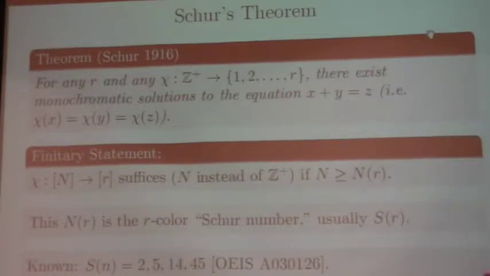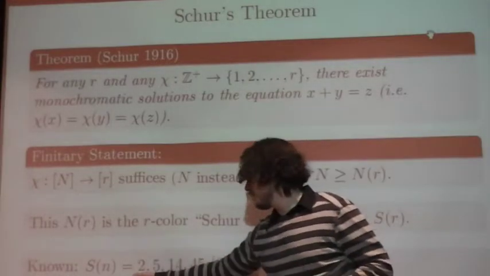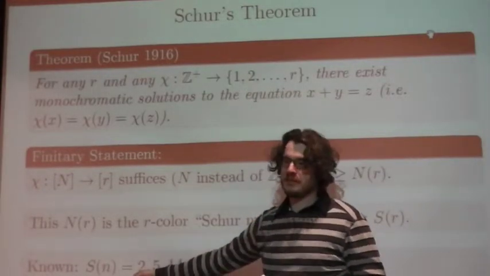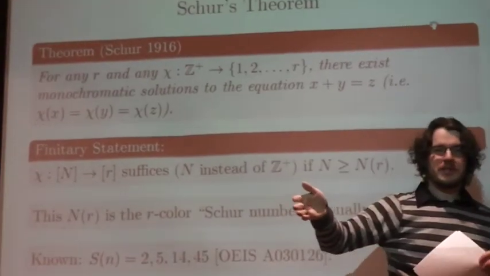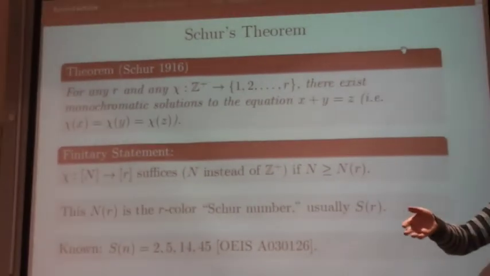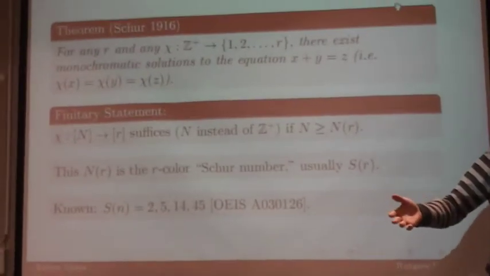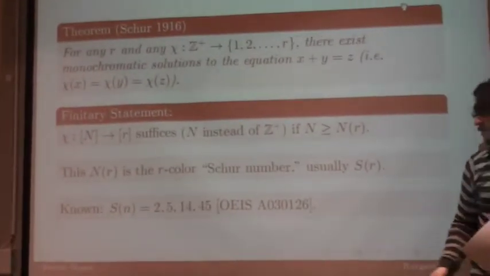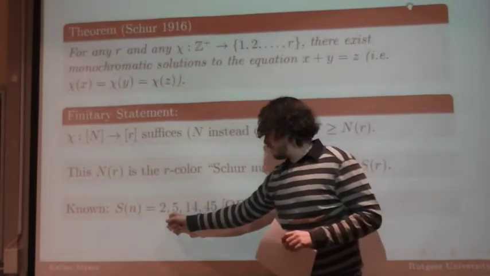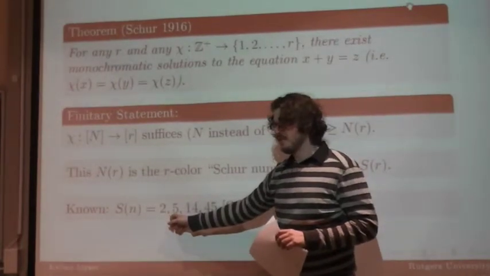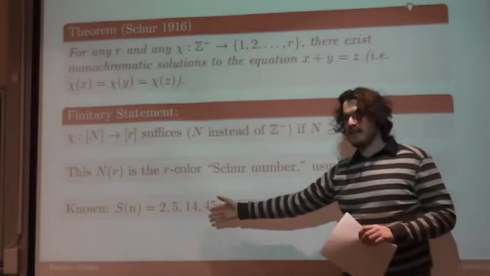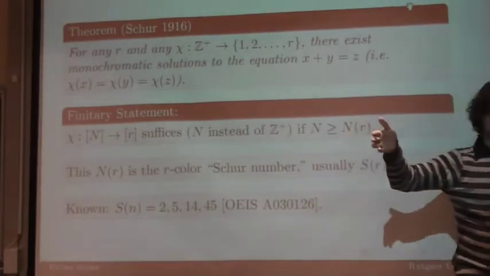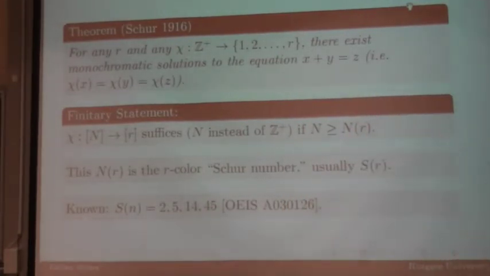Okay, so S1 corresponds to 1 color, which doesn't really mean anything. So once you get to the number 2, you have a solution, 1 plus 1 equals 2, and since there are no other colors, they have to be the same color. We'll talk a little bit about how to figure out that S2 is 5. But what this guarantees is that this number is finite, that there is a point of no return, so to speak.